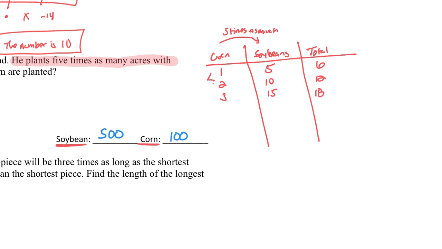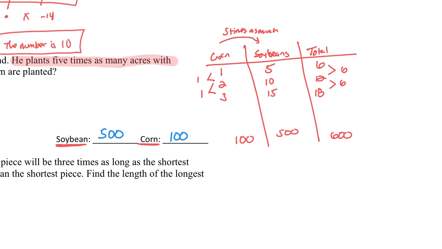Now what I should notice is every time I increase corn by 1, my total acreage is increasing by 6. All right? Well, I need to be at a point that has 600 total. Well, that'd just be 100 corn, 500 soybeans, which would add up to 600.